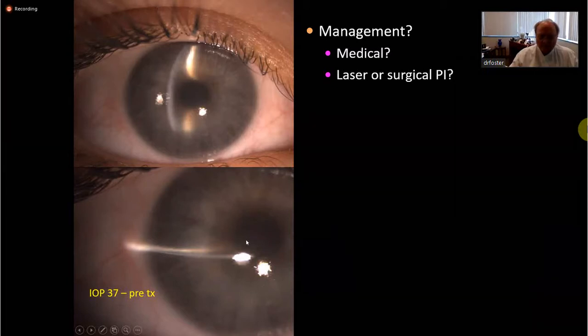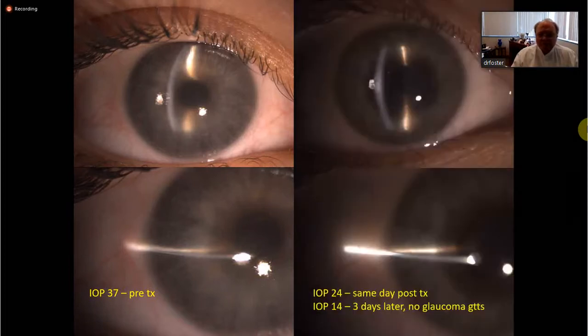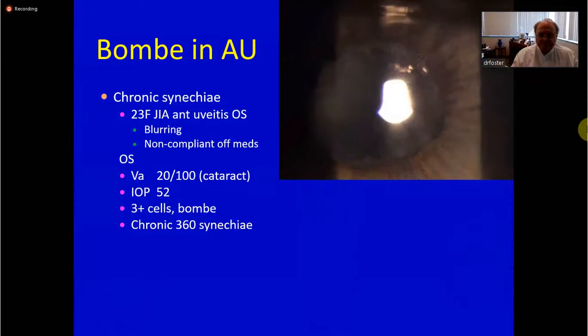Aggressive medical management followed by laser iridotomy 1 day later. And here you see the post-treatment anterior chamber depth.